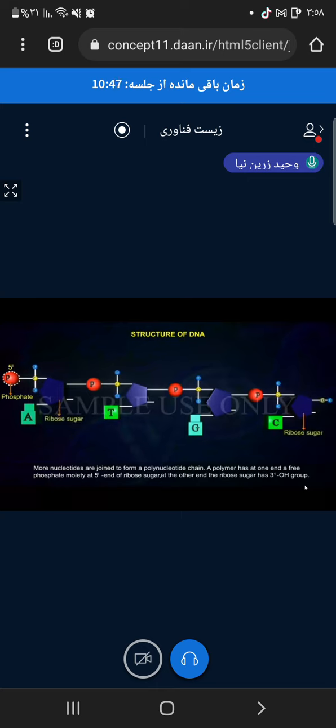At the other end, the sugar has a 3' OH group. The backbone in a polynucleotide chain is formed due to sugar and phosphates. The nitrogenous bases linked to the sugar moiety project from the backbone.